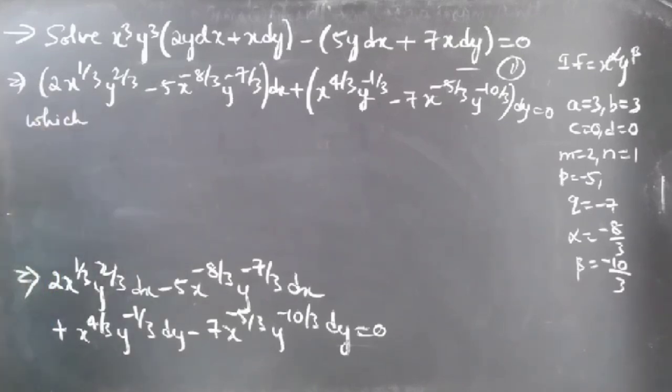Or you can name it as m2 dx plus n2 dy equal to 0 form. If you have considered the equation asterisk as m1 dx plus n1 dy, you can consider it as m2 dx plus n2 dy equal to 0, right?